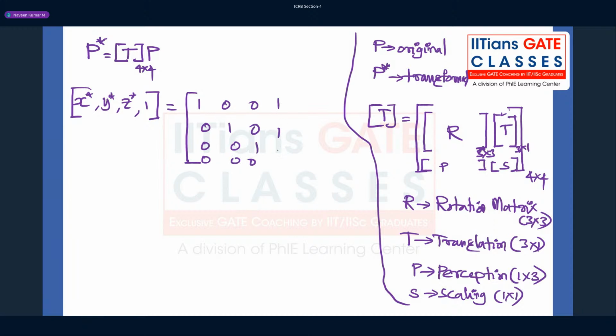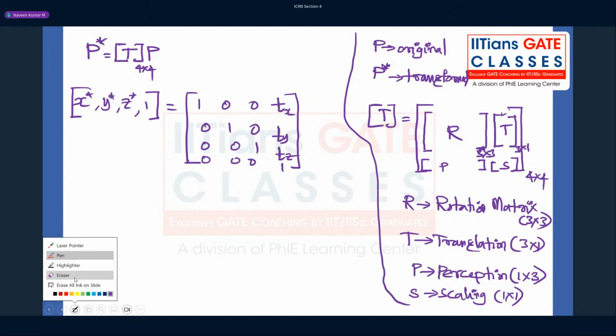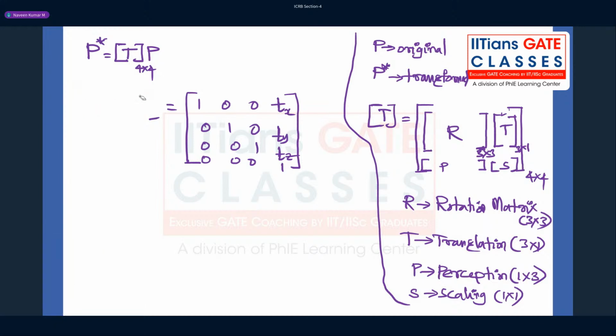Translation should be some translation in x direction, translation in y direction, some translation in z direction, and scaling is 1. If you multiply, sorry, this is 4 cross 4, so you'll get a column: x star, y star, z star, and 1.